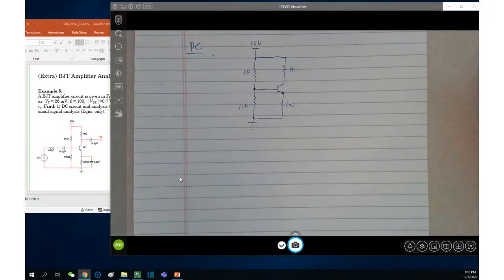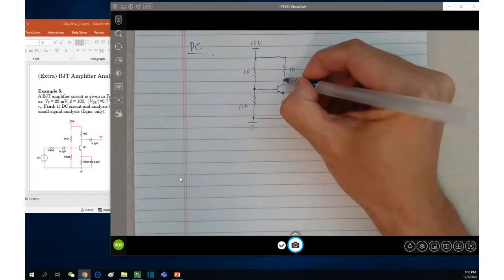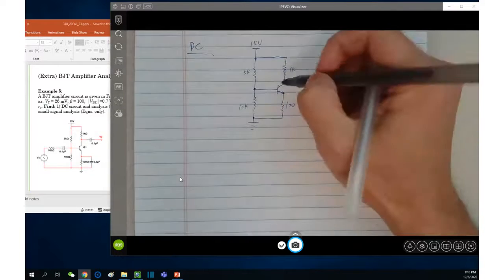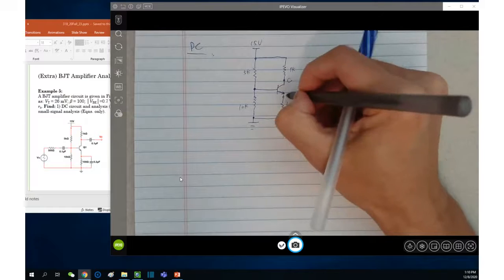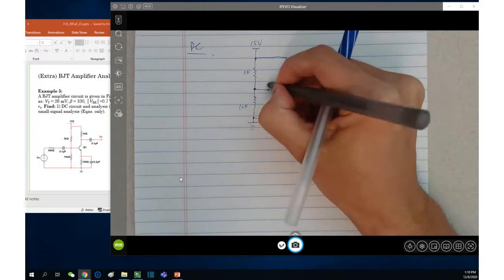It's also very helpful to label the terminals: collector, emitter, and base.